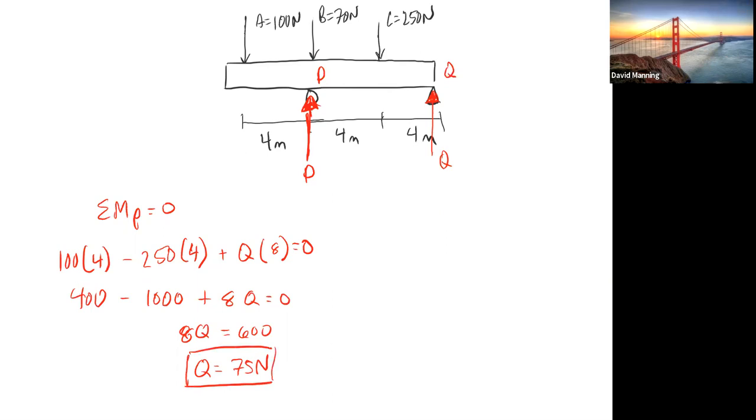Then we do the same for the sum of the forces in the Y. We set those equal to 0. Up: P minus 100 minus 70 minus 250, oops, I forgot that Q, plus 75 equals 0. Right? Q is equal to 75.